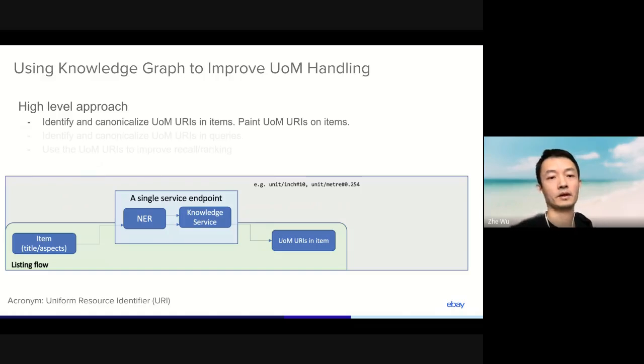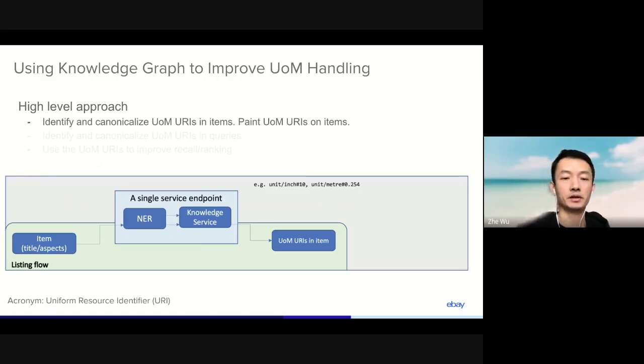Now let's focus on a KG-based approach. I'm going to describe a high-level flow. As you know, eBay is a marketplace with more than 1 billion items. Here you're seeing a listing flow. Item data comes in from the sellers, from selling APIs.